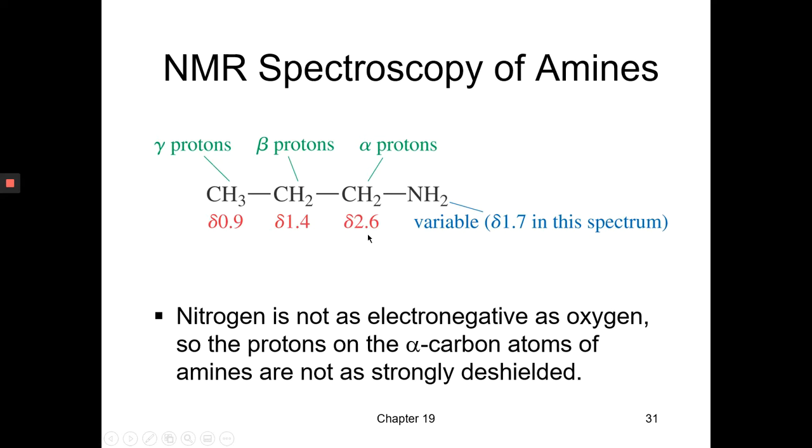This is about 2.5, 2.6. The amino protons themselves can be highly variable. In this particular experiment, they showed up at 1.7, but they can be highly variable depending on temperature, solvent, concentration, etc.